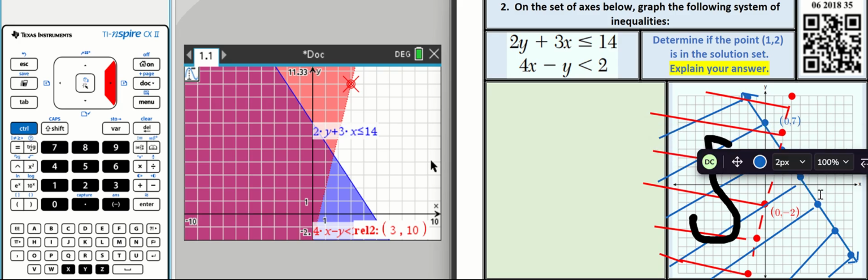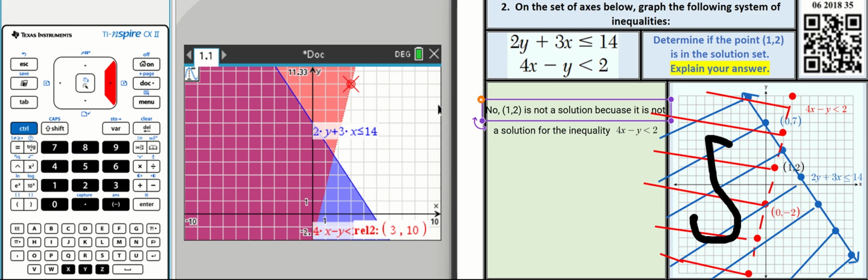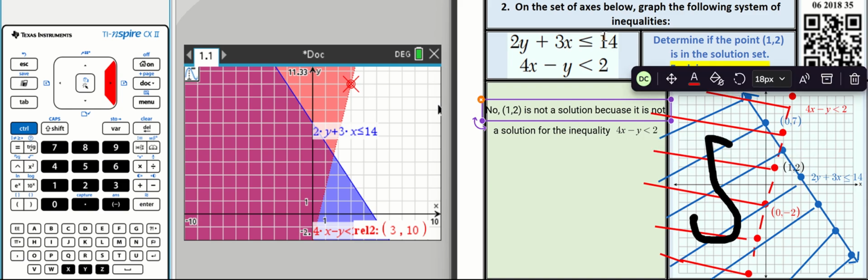It looks like it's a solution for the first inequality, 2y plus 3x, but it is not for the second inequality because it's right on the line. And because it's dotted and does not have a line right here, it is not a solution for that inequality. So yes, we write it down: not a solution for the inequality 4x minus y is less than 2. Also label your graphs, and we are done.